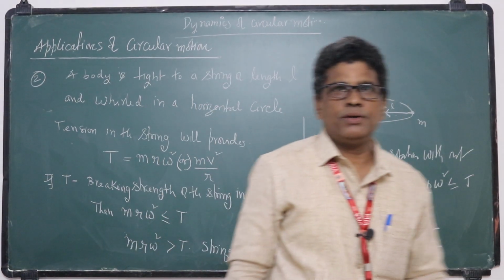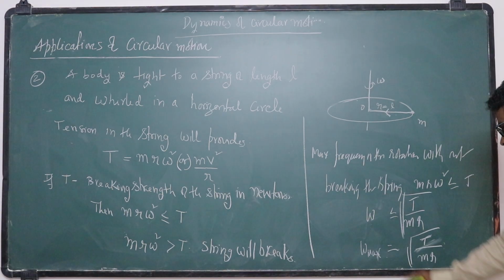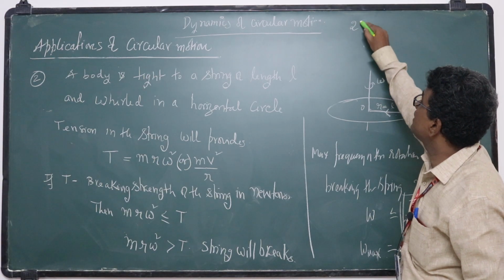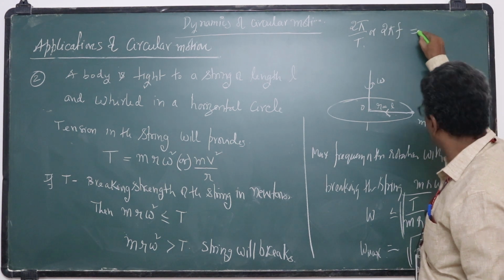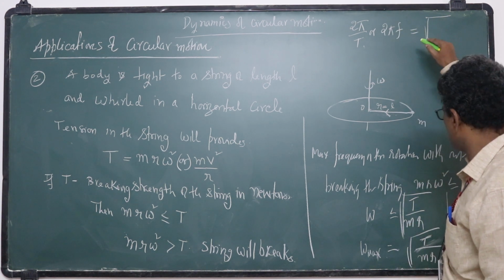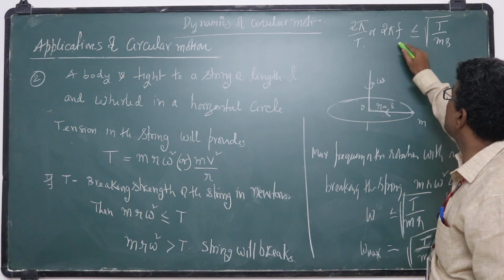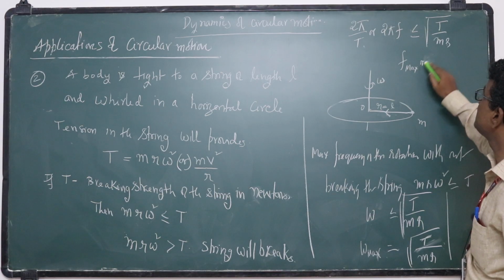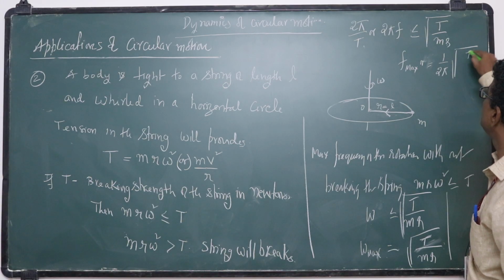So this is the maximum angular speed. Suppose you want a time period, so omega can be written as 2 pi by T, or we can write it as 2 pi f, which should be less than or equal to square root of T by m r. So the maximum frequency of rotation is 1 by 2 pi into square root of T by m r without breaking the string.